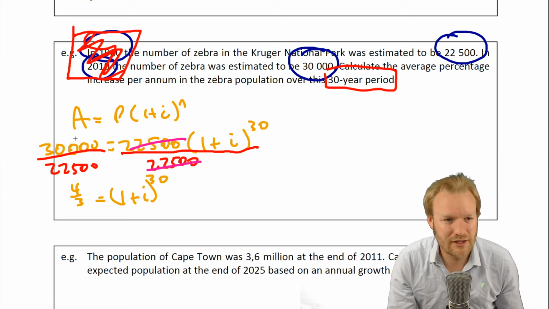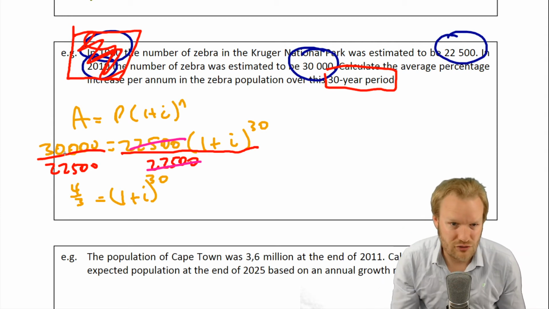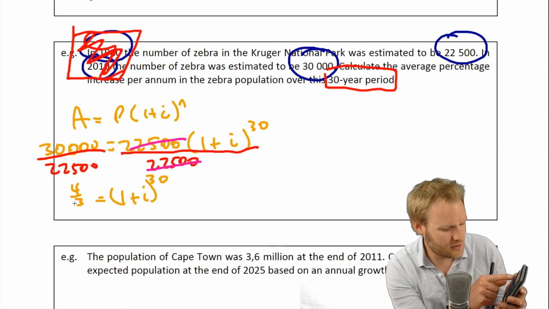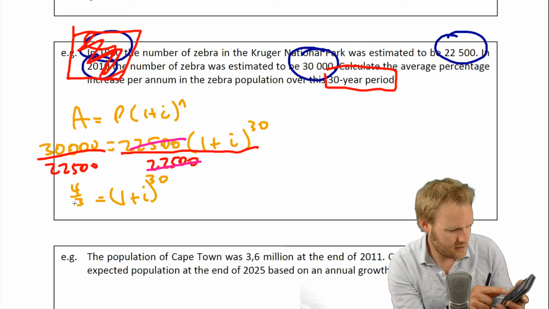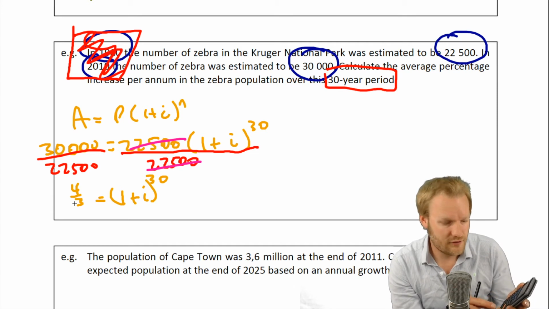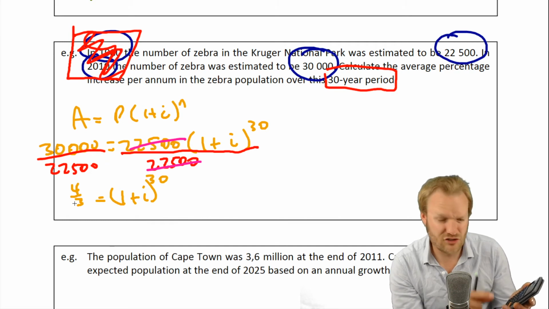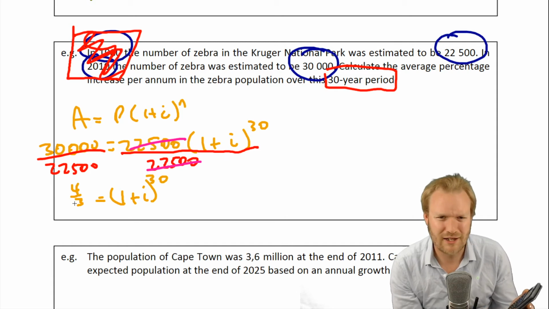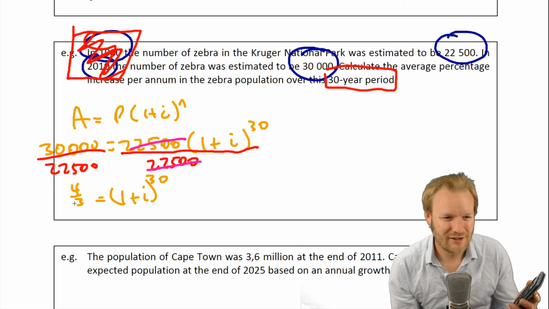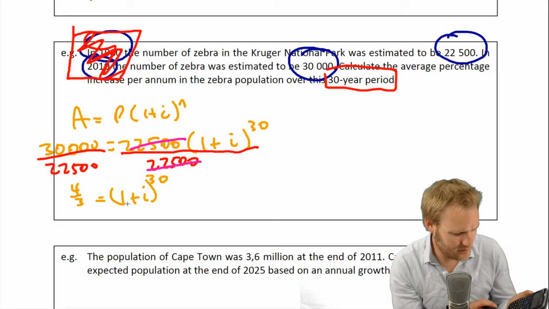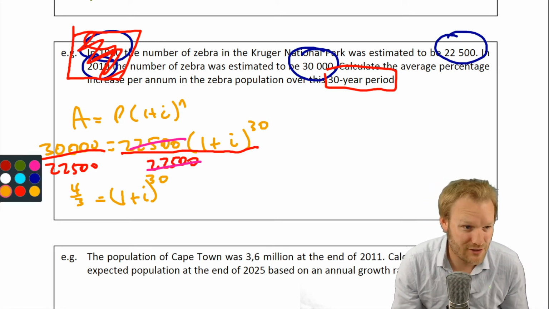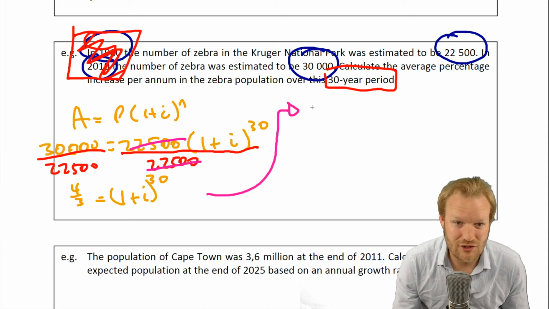I would think that first equation was crucial. But after that, we got 4/3. We know we're taking the 30th root, so we're going to go shift 30th root of 4 over 3. I should have used the answer button there, hey? That would have been cleverer. And then after that, we have 1 plus I, so we can subtract 1. So we've got I equals. Now, this is another one of those where we're going to need that ENG button.